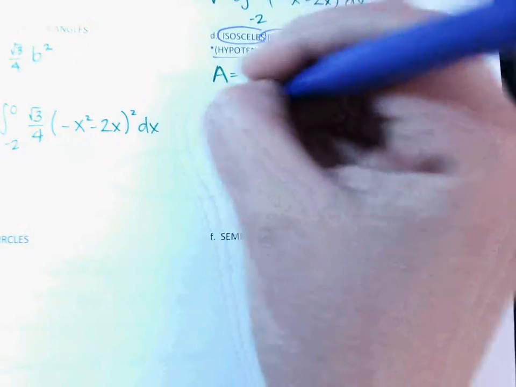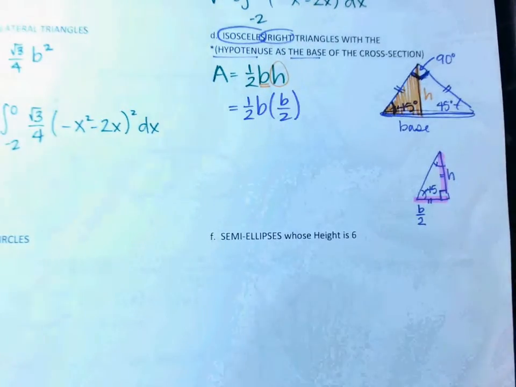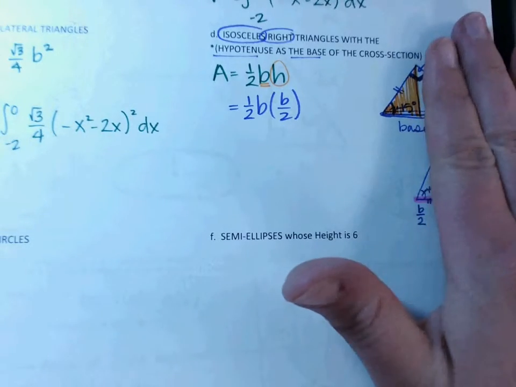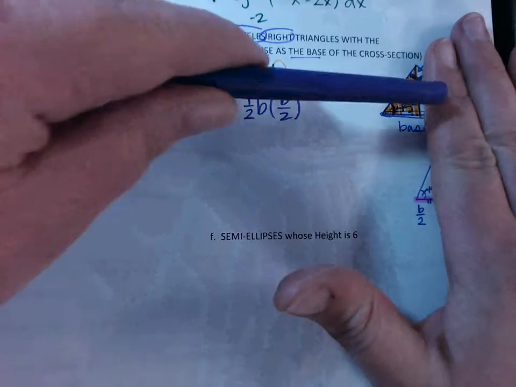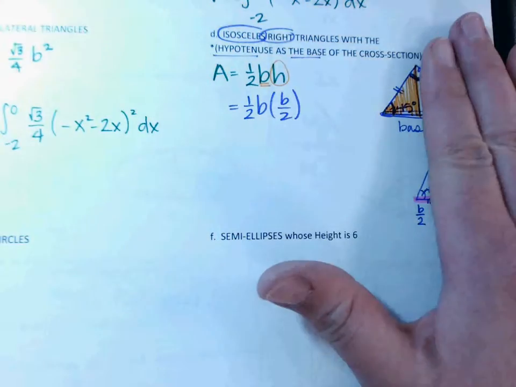So I'm going to rewrite this here as 1/2 base over 2. That's by property of special right triangles, that anytime you have a 45-degree angle, these match. So one more time, if I cover that up and I see my little baby triangle, these sides have to match because those are the sides that are not the right angle.